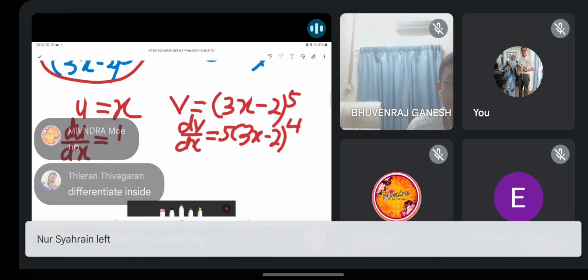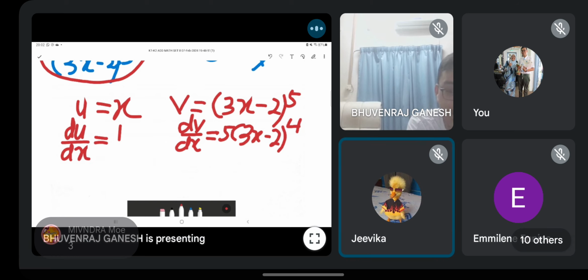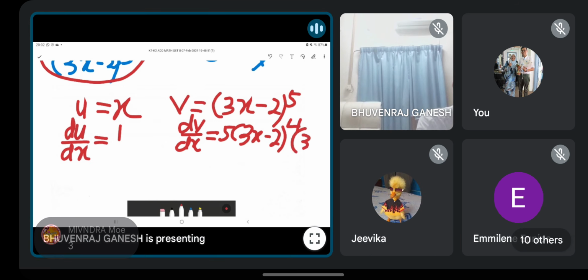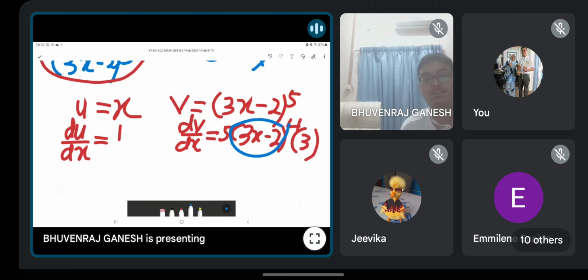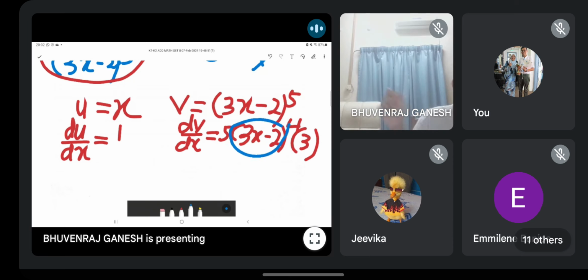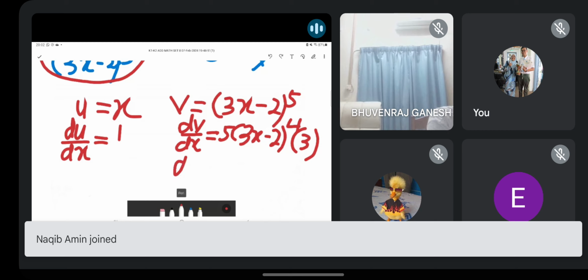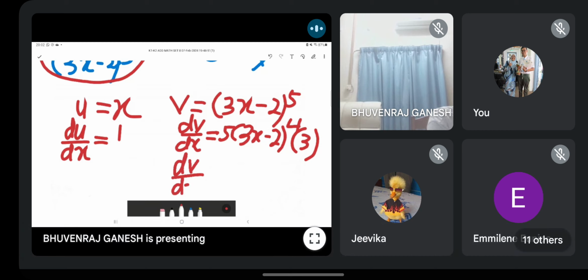No. What is missing? Yes, the 3, correct. Make sure you differentiate the content as well. Kamu kena bezakan kandungan. A lot of people miss this point because they do it too fast, dengan pantas, and forget to differentiate the content. So remember to differentiate the content. You can simplify: dv/dx is 15(3x minus 2) power 4.